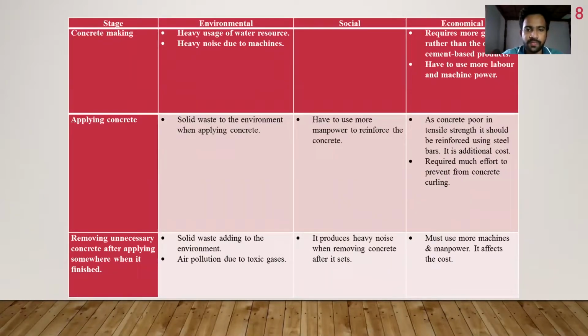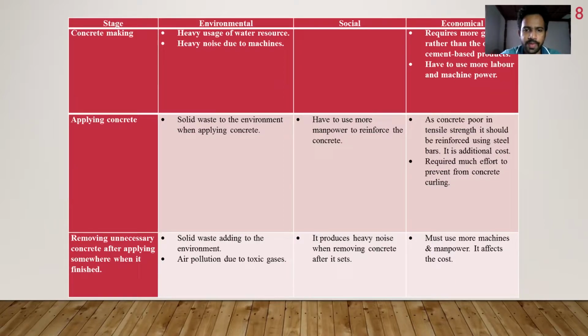In the stage of making concrete, it needs lot of water. Heavy usage of water is a bad effect of this product. And also concrete requires more gravel rather than the other products. It is very costly and it is one of bad impacts economically at this stage.